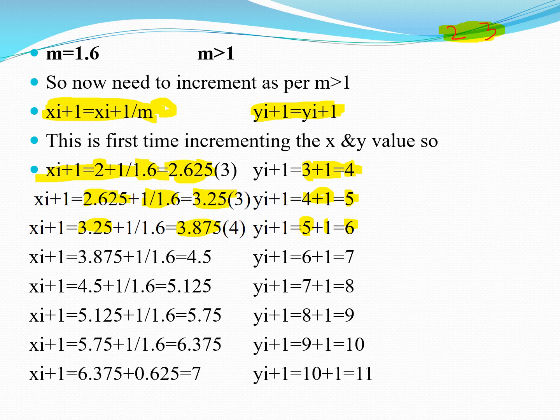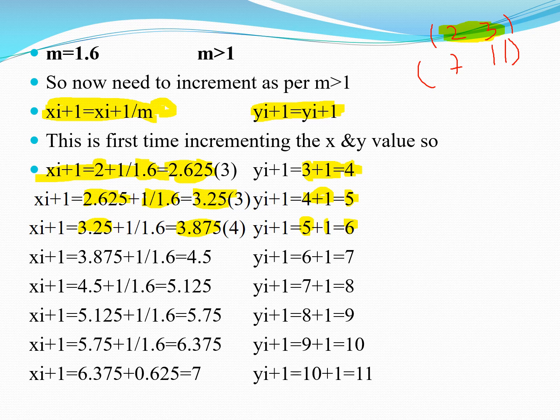Q is 7 comma 11, which is the final value, or you can say the Q coordinates of x and y. So this is how we calculate all the intermediate pixel values, right? I hope this is clear to everyone.